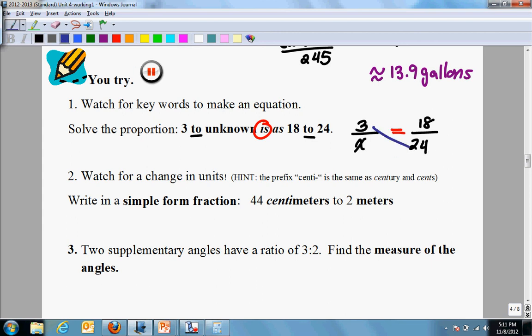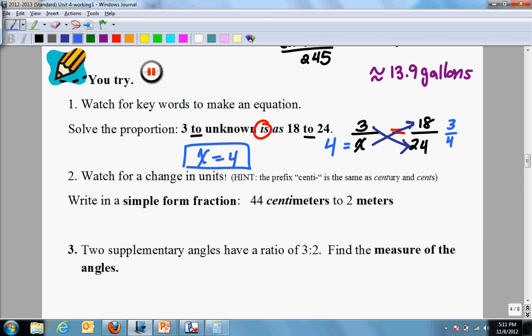And you simply cross multiply and you solve for x here. Or another way you could look at that, if you reduce 18 and 24, 6 goes in there 3 times, and 6 goes in there 4 times, so you see x equals 4. Either way, you could have done it by the reduction or by the cross multiplication.